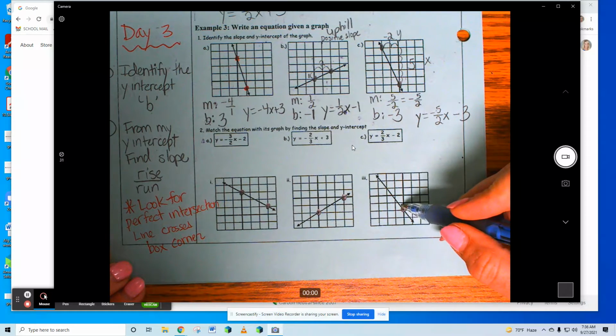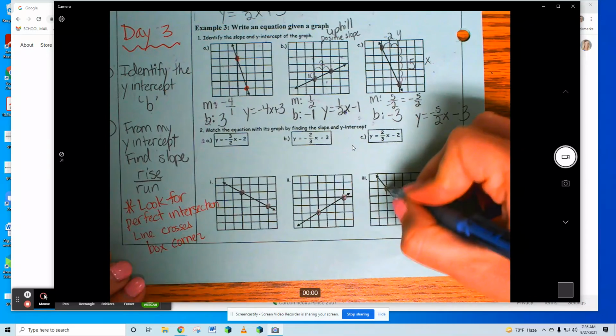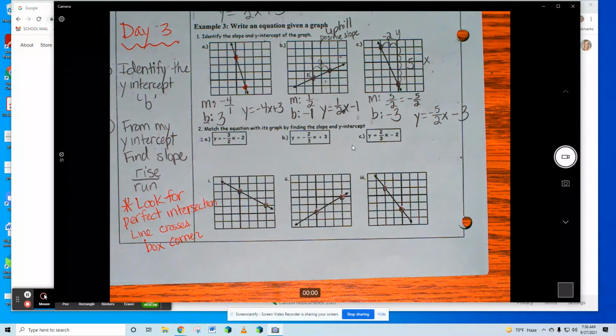Roman numeral 3, way up there. Plotting those two points in advance will help me. Also, if the line goes uphill, it's a positive slope. If the line goes downhill, it's a negative slope. So go ahead and match those three, A, B, C, to 1, 2, 3. You could draw lines or you could write the equation, whatever you want to do.